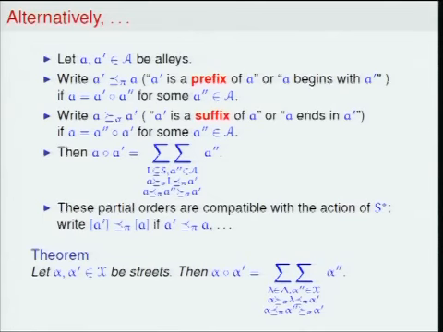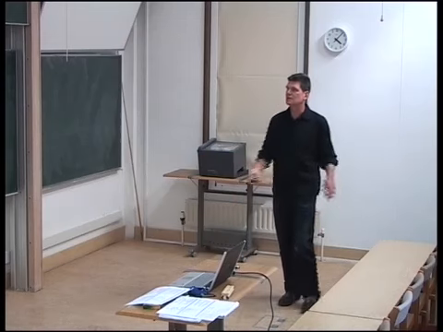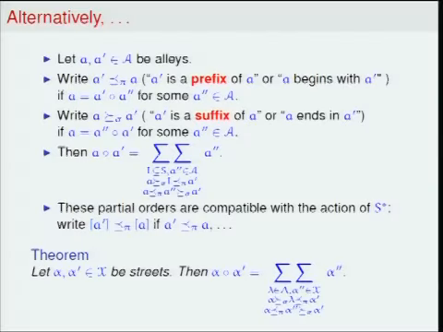And alpha must be a prefix and alpha dashed a suffix of a resulting alpha double dashed. Just that in this case, this is not a trivial formula, because sometimes several summands occur over here.